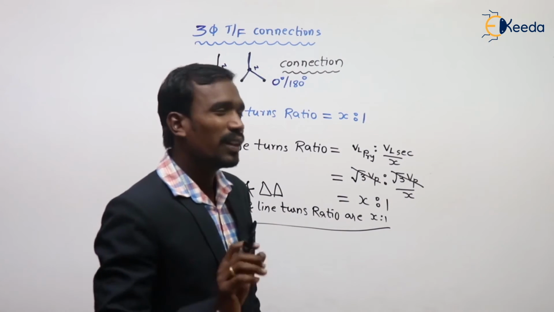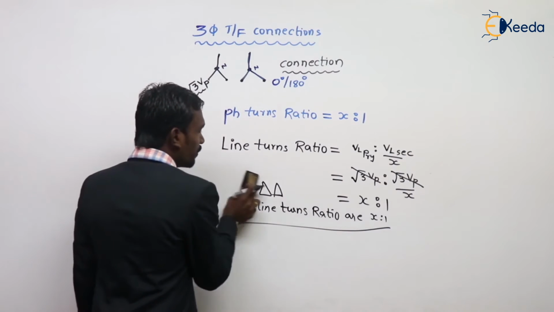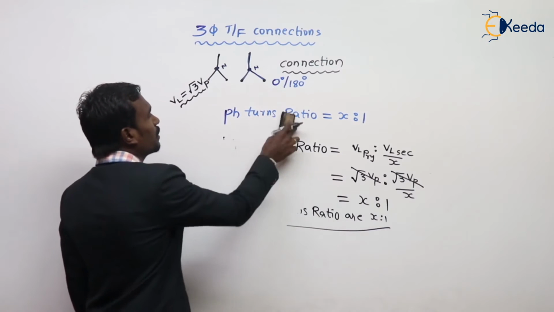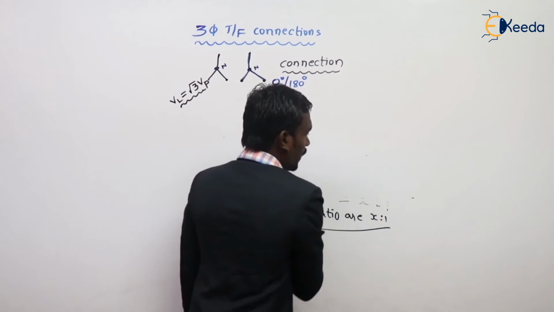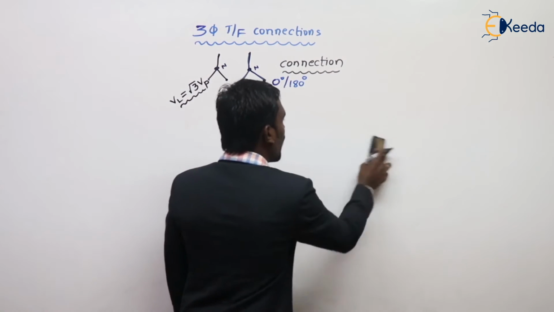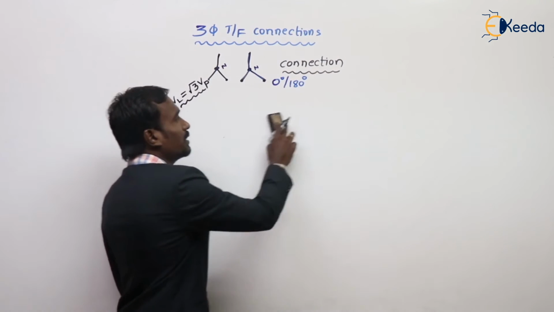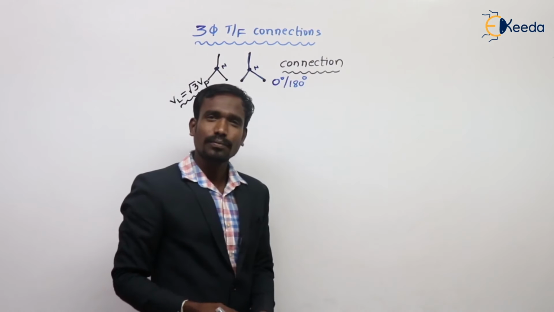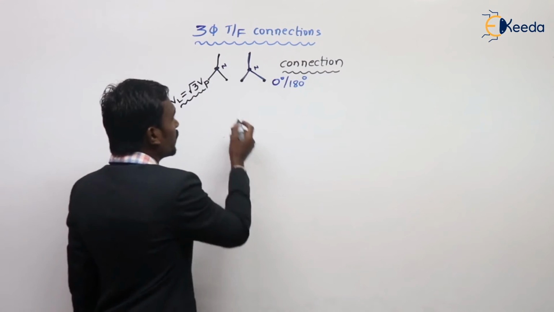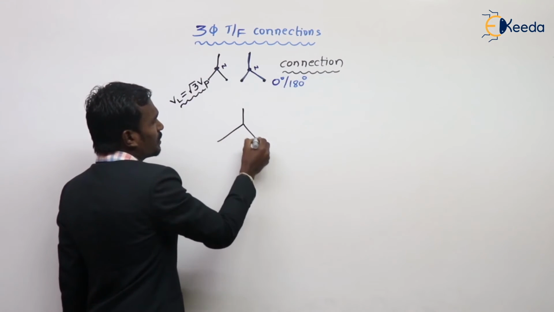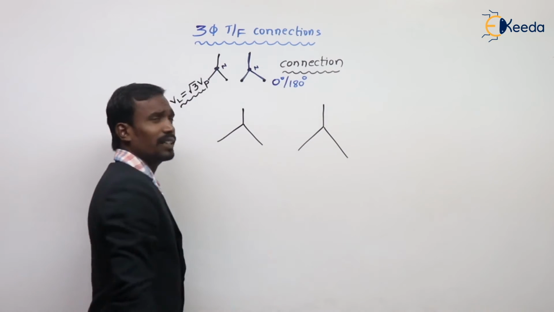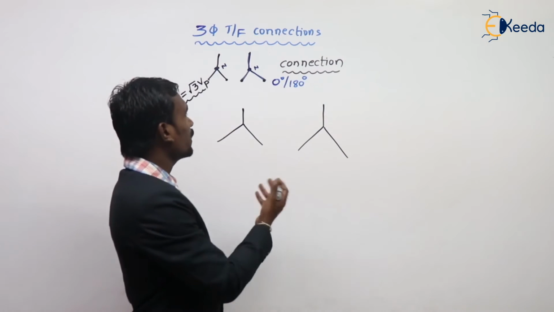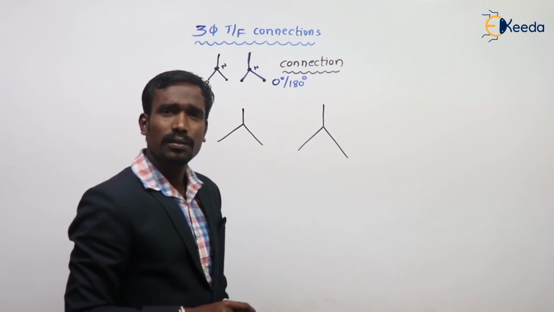Now, a very important topic here. In star-star, we have many disadvantages. Because the primary winding is star connected and the secondary winding is also star connected, there is no delta in our transformer.